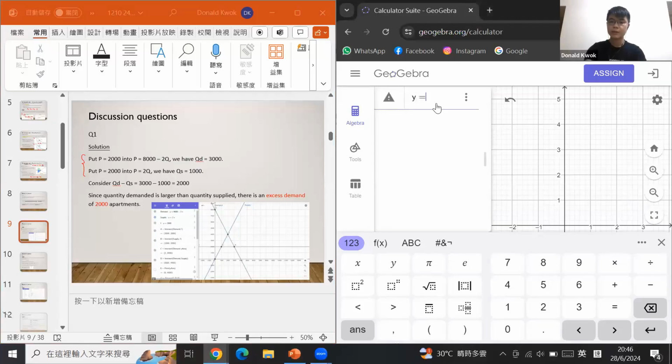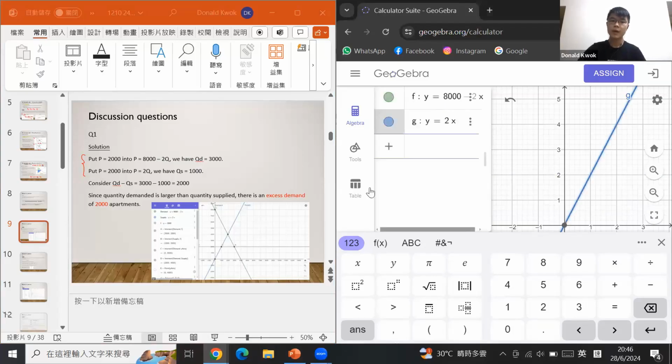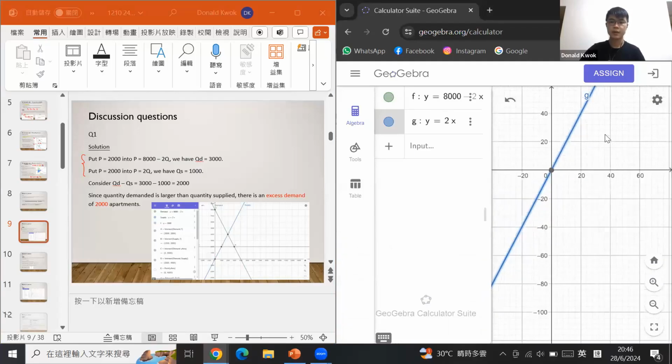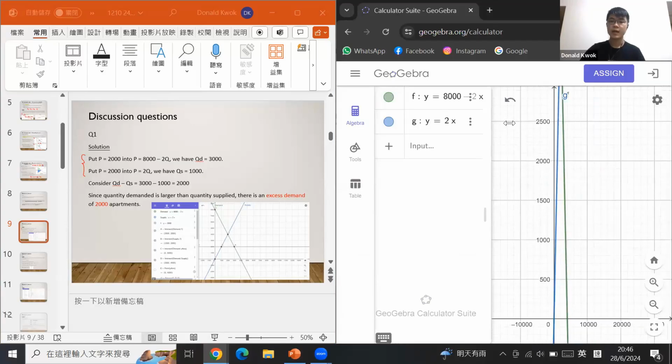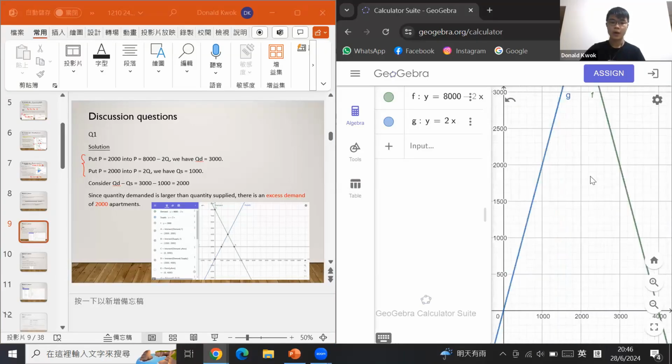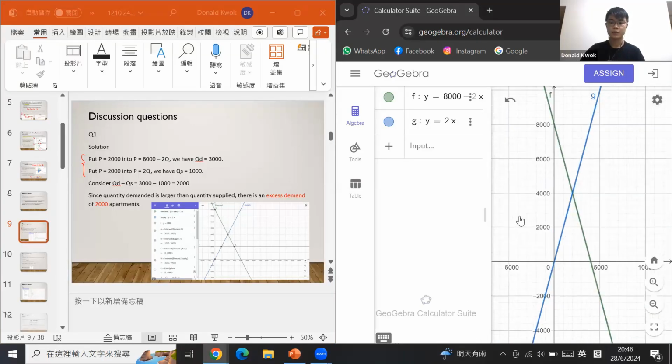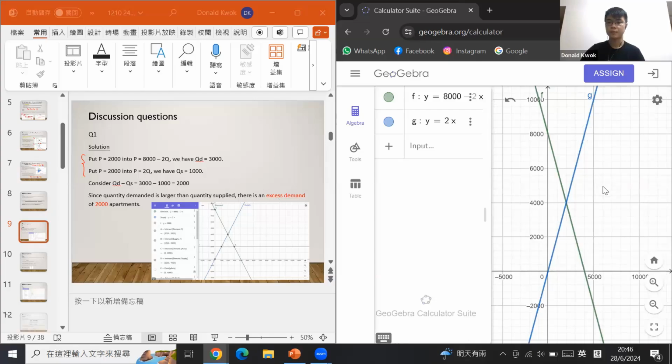Market demand is y equals 8,000 minus 2x, while the market supply is y equals 2x. Be aware that the quantity is on the x-axis while the price is on the y-axis, so we are using x to substitute Q, while using y to substitute the price, P.